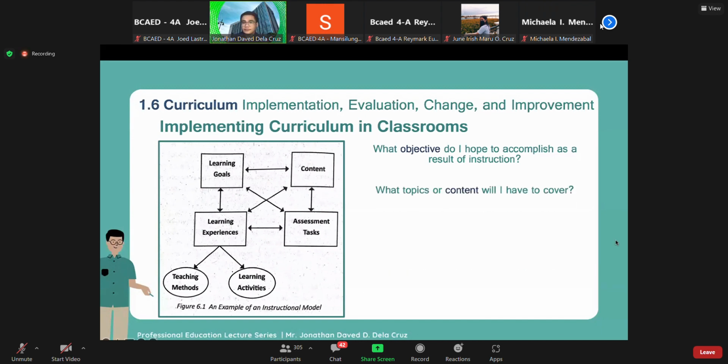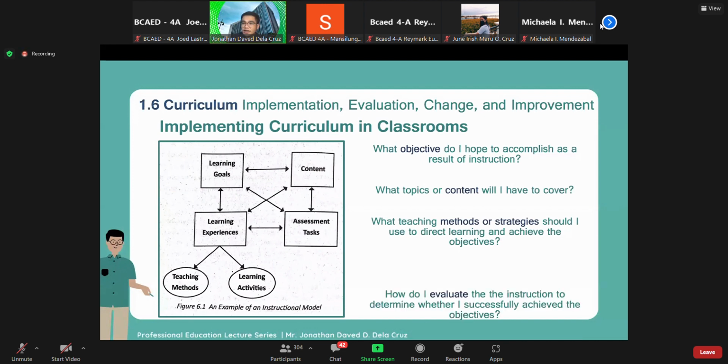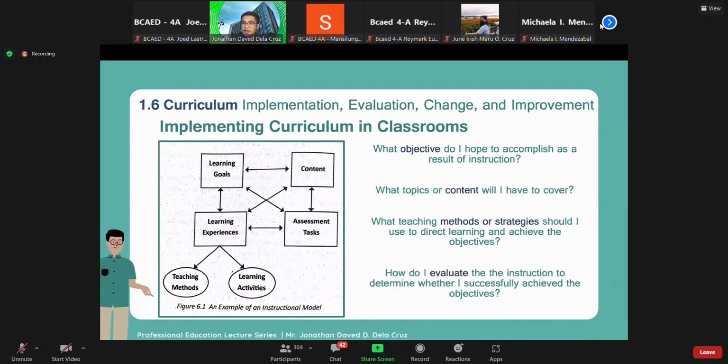Now, you have to answer these questions. What objectives do I hope to accomplish as a result of instruction? What topics or content will I have to cover? What teaching methods or strategies should I use to direct learning and achieve the objectives? And how do I evaluate the instruction to determine whether I successfully achieve the objectives?